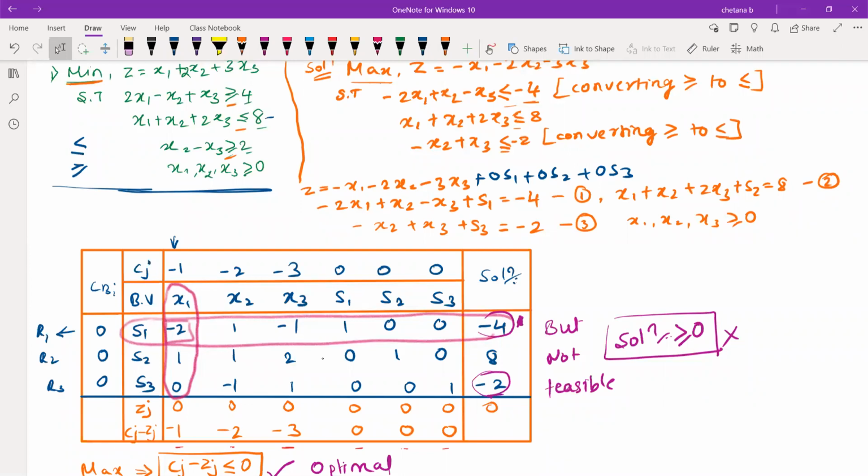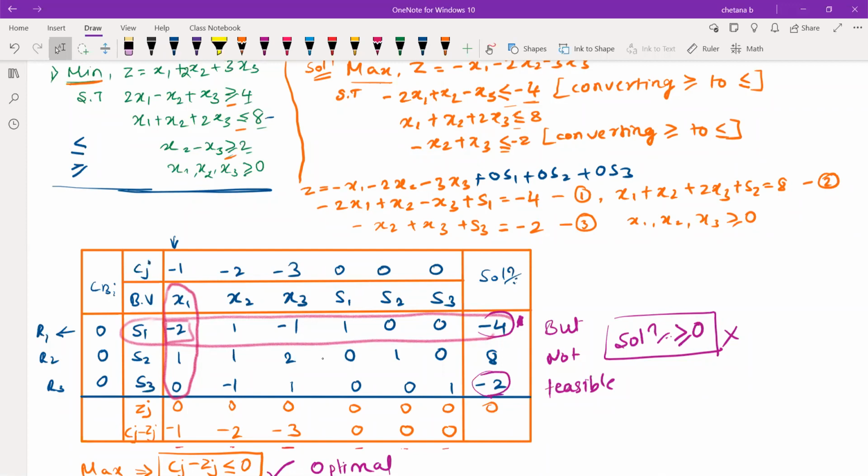By considering that, you can find the key column. So always in the dual simplex problem, this will be optimal but not feasible. It is the opposite of what we usually do in the two-phase method, simplex and big M method. So always you need to think about the feasibility.